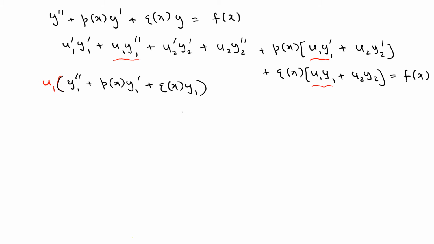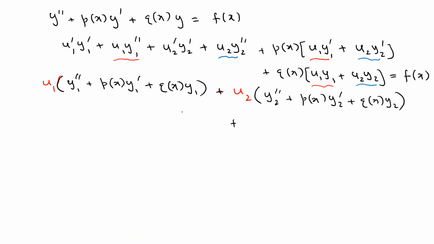Similarly, these terms have u2, so we can isolate that also. Plus u2 times y2 double prime plus p(x) y2 prime plus q(x) y2.